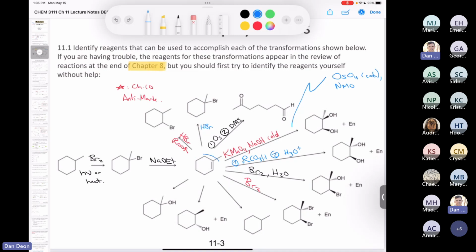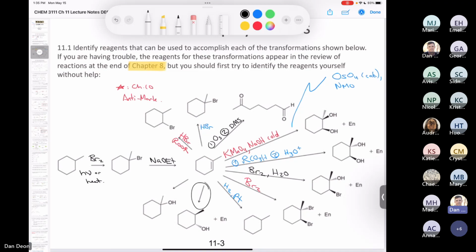What about the next one, where we take an alkene and convert it to an alkane? What kind of reaction would we use for that? Yes, absolutely, it's hydrogenation. So hydrogen and platinum, palladium, or nickel, any one of those will work. The next one is the anti-Markovnikov addition of water. Does anybody remember the conditions for anti-Markovnikov addition of water?